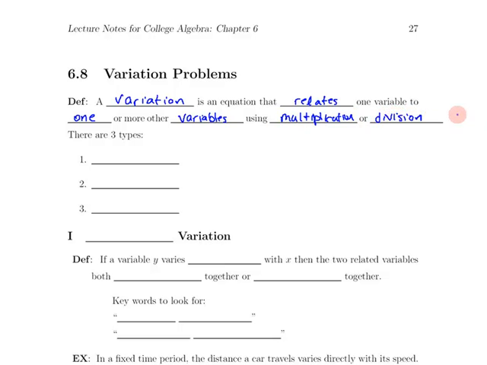Okay, and there's going to be three types. Now, that's not a very clarifying definition, I'll give you that. You'll see a lot better understanding of what these are when we look at the specific types of variation.